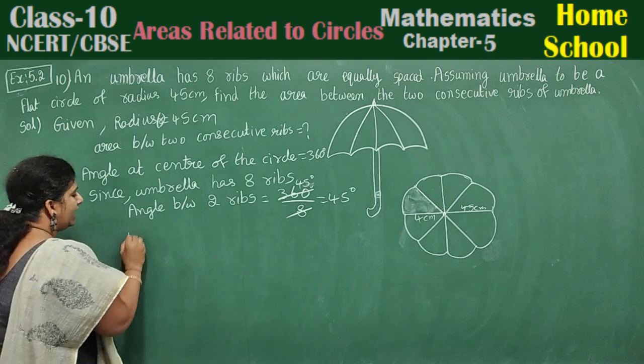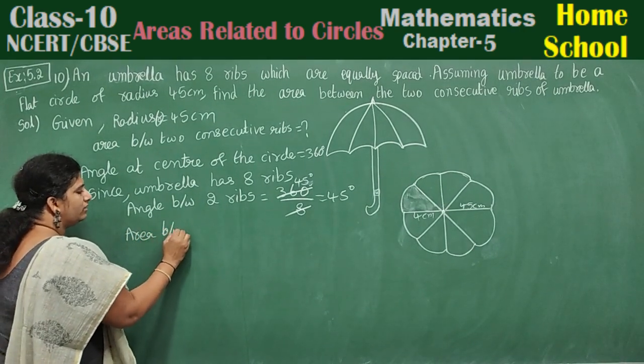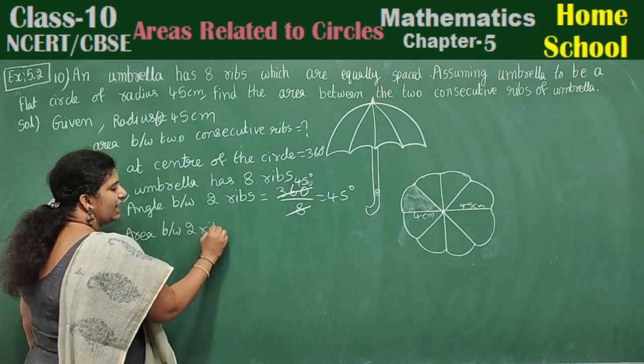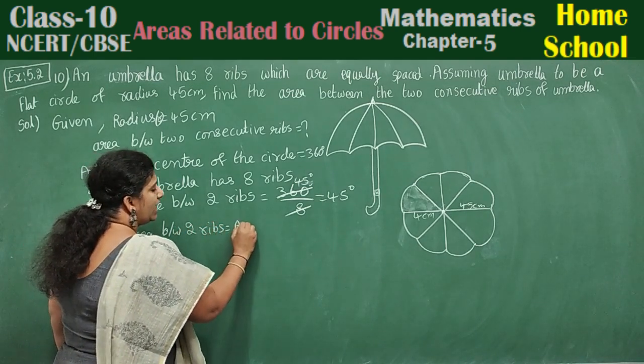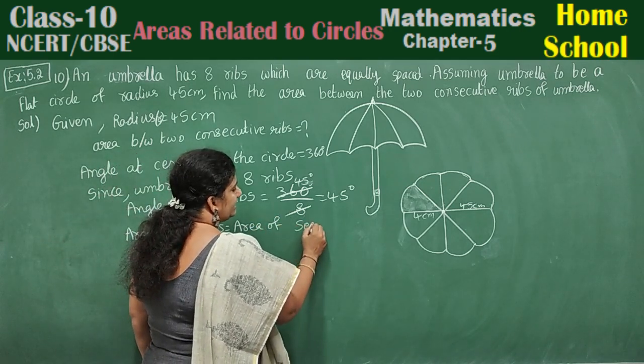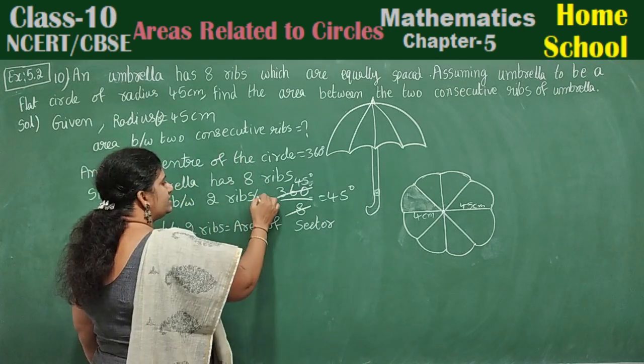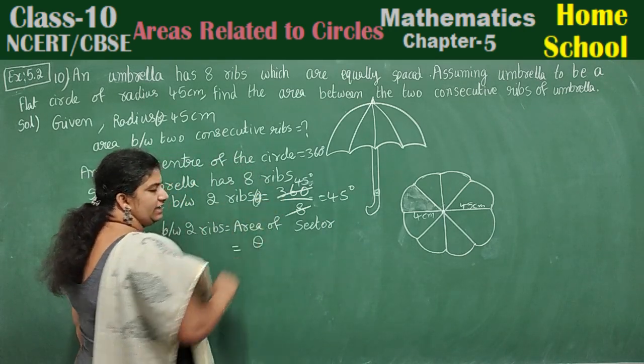Now the area between two ribs is nothing but the area of a sector. This angle you can write as theta.